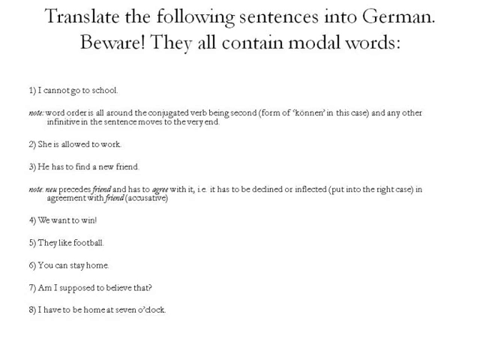Number 2, she is allowed to work. So to be allowed, if you go to the sheets you would have received from me, the translation of that would be dürfen. What you need to look out for is, as with können, the fact that we have a change in the vowel in the singular persons.